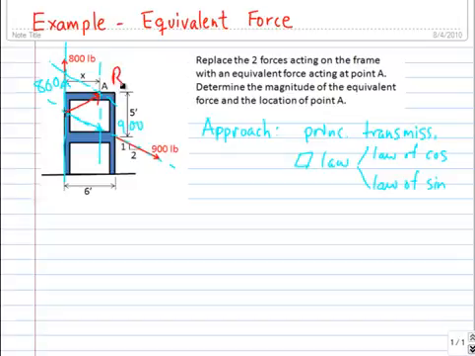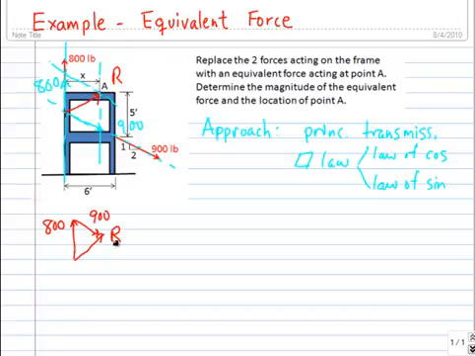Then that parallelogram can be broken into triangles, which is where the law of cosines and the law of sines come in. So let's look at the top triangle. Here's the top triangle, where this is our 800-pound force and our 900-pound force is on the top there, and this is the equivalent force that we're looking for, R. We can use the law of cosines here if we knew one of the angles.